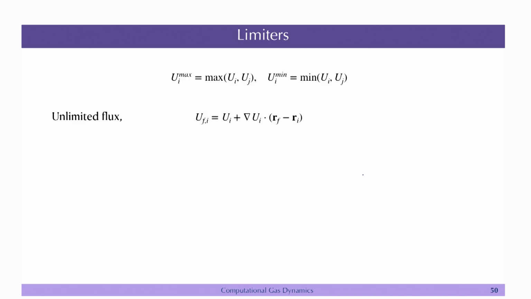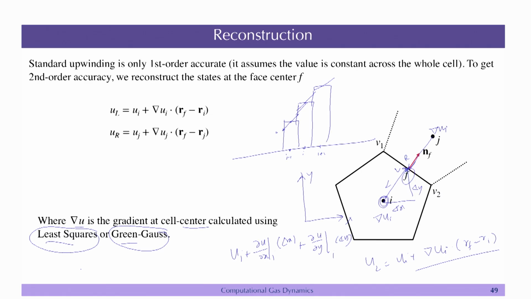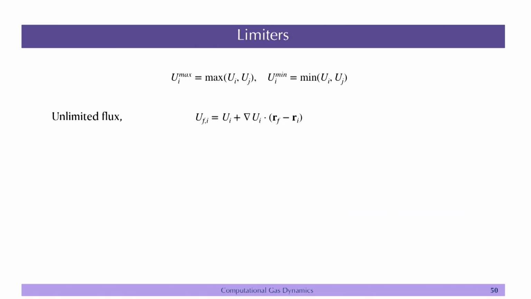Before we go to these approaches, let's say that we know the value of the gradient, but we cannot use the value of the gradient directly, because that is something called unlimited flux and this will have those wiggles.